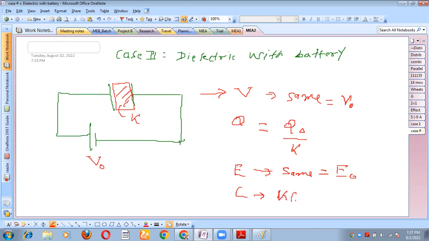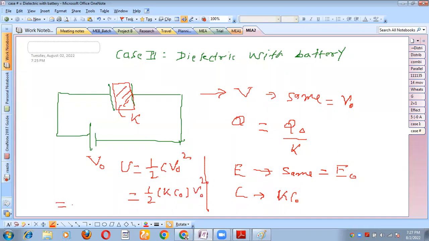Capacitance always increases, and will become K C naught. Now let's see what happens to energy. Energy is half CV square. Here the potential remains the same and the capacitance becomes K C naught, so energy is half K C naught V naught square.